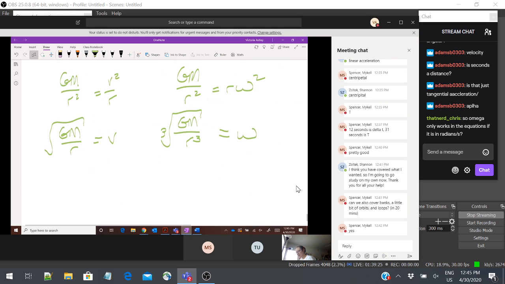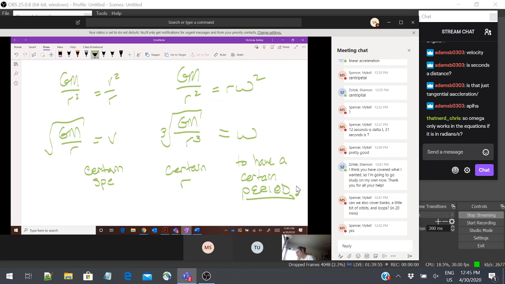So basically, to have a certain period, in order for the moon to go around with 28 days in a month, there is a certain value of r. There's a certain distance away the moon has to be in that orbit. And the same idea over here, to have a certain speed.